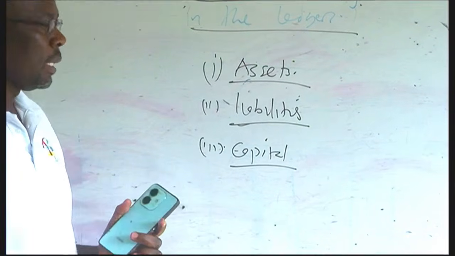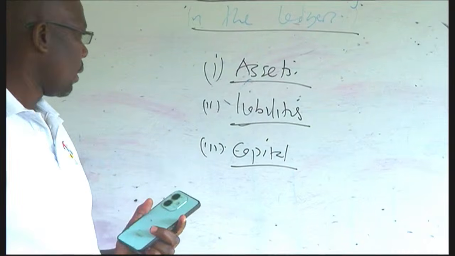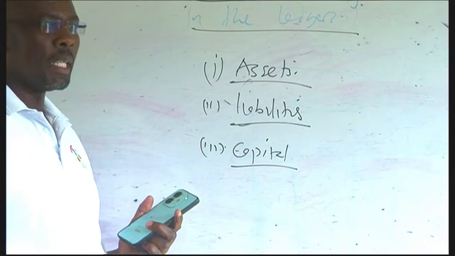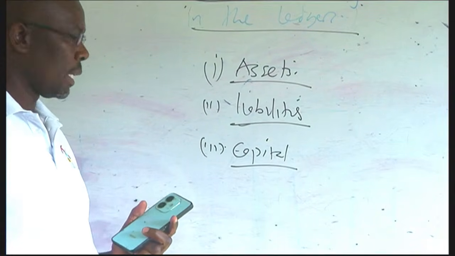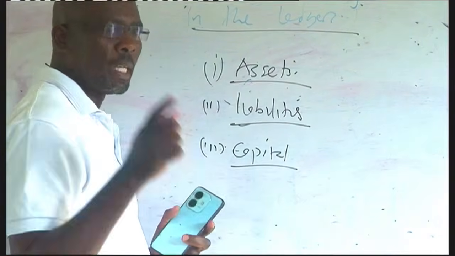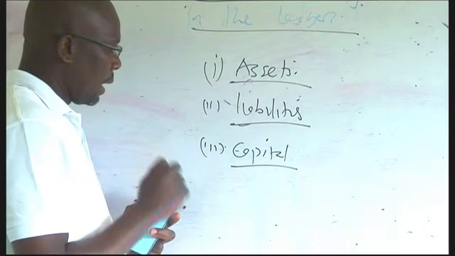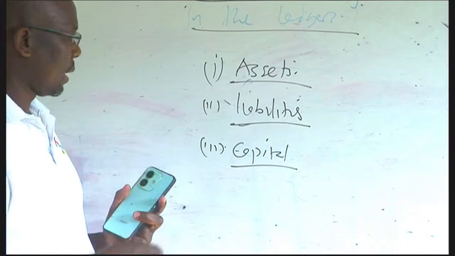We know that very well, and an increase in capital will be credited, while a decrease will be debited. So any transaction that will lead to an increase in capital will be credited, while any transaction that will lead to a decrease in capital will always be debited in the ledgers.